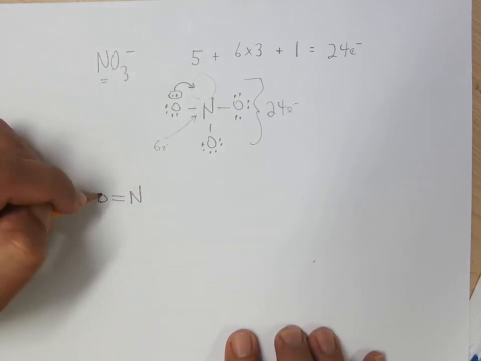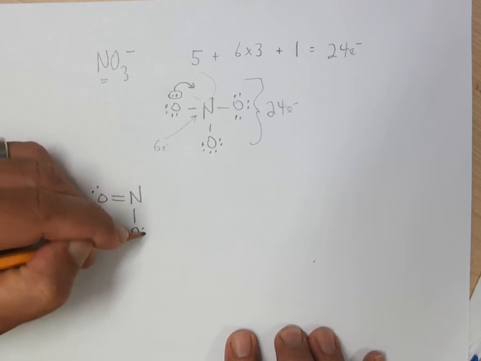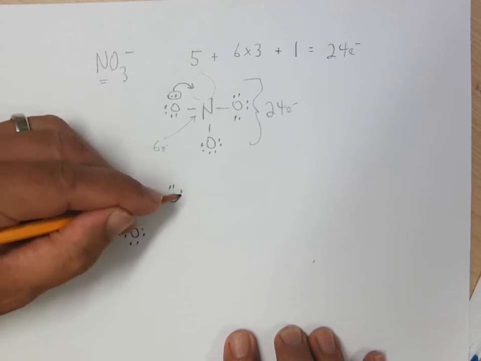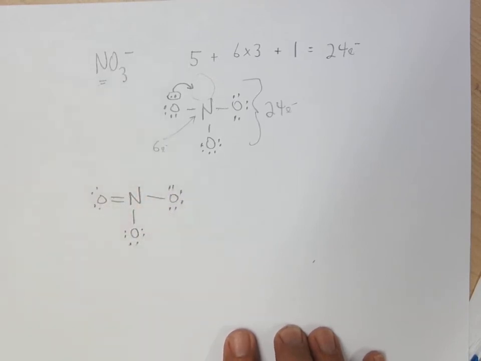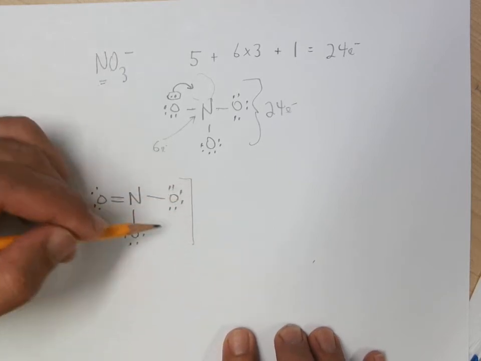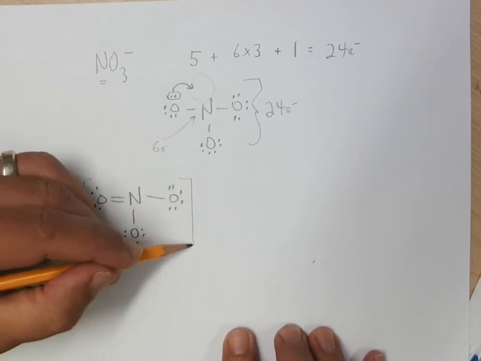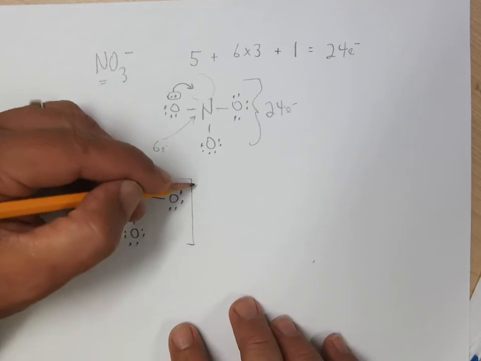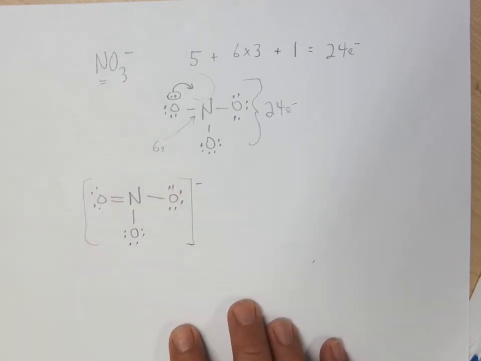So the nitrogen is double bonded to one of the oxygens and single bonded to the other 2. Voila, like that. And now we have the right number of electrons, 24. Every atom has 8 electrons in its environment, so that's good. And the overall charge on this would be -1.